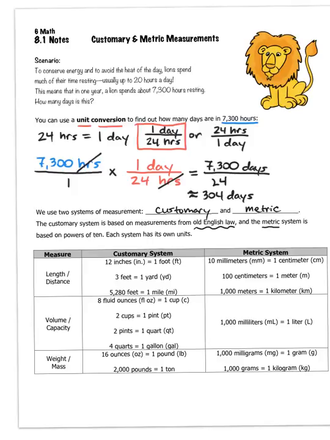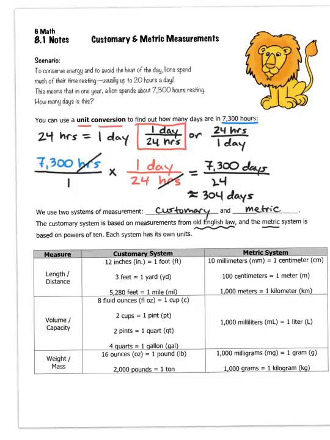And so here below in this chart, I've given some common basic conversions for both systems. The first row shows you our common units of length or distance. The next shows you the common units that measure volume or capacity, and then the last weight or mass.